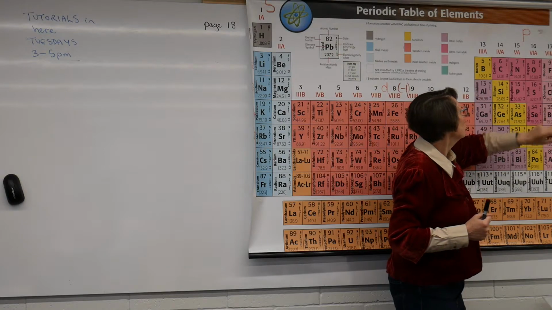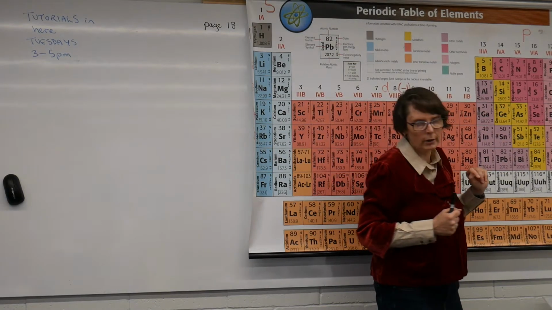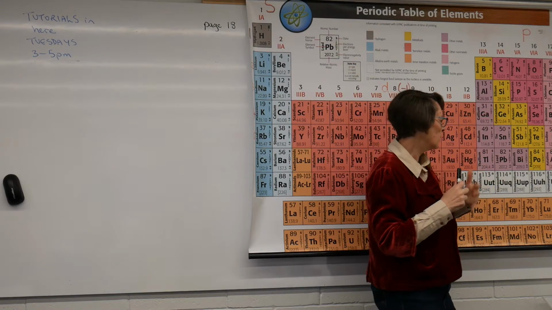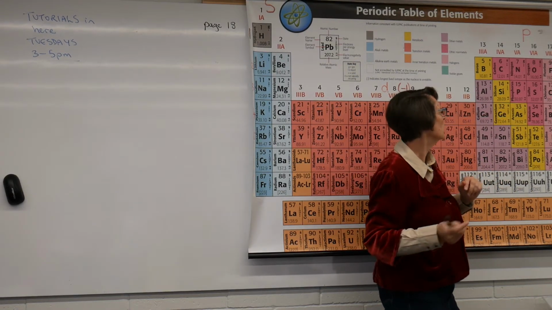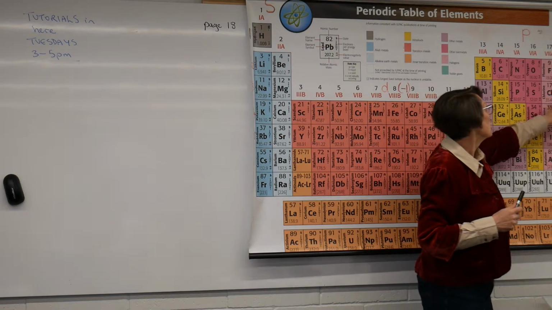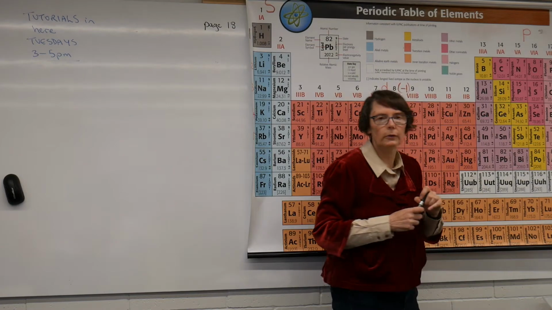It's made up of two isotopes, chlorine 35 and chlorine 37, and they're present in the ratio of 25% to 75%, approximately, okay? Which then gives us this 35.45.